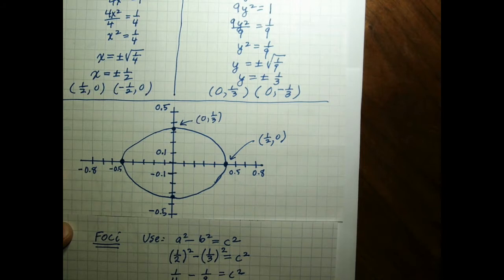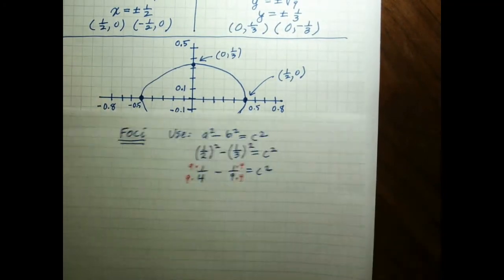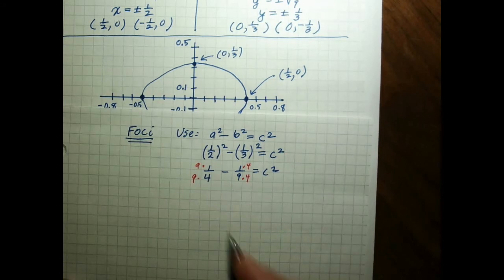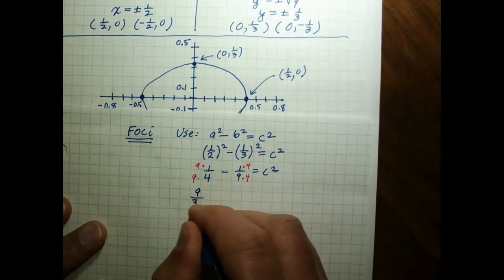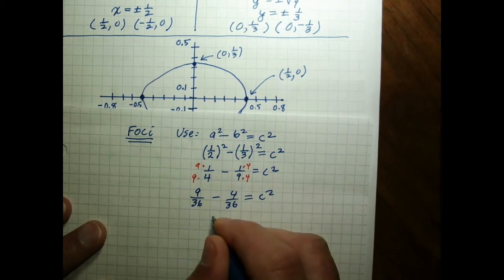Common denominator is 36, so I have to multiply 1/4 by 9 above and below. 1/9, I have to multiply by 4 above and below. And I have 9/36 minus 4/36 equals c squared.